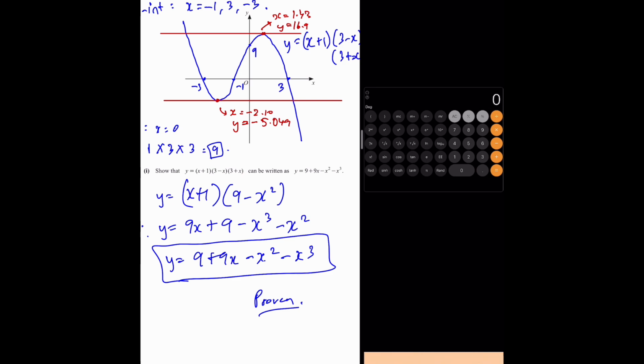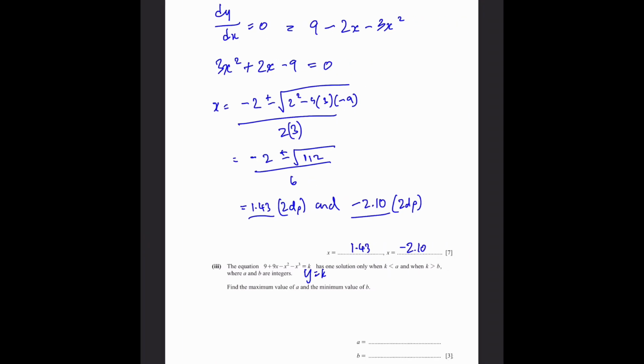But we're not done yet. So you found that a will be minus 5.049 and b will be 16.9. But these are wrong because these are not integers. In the question, it's asked that a and b are integers.